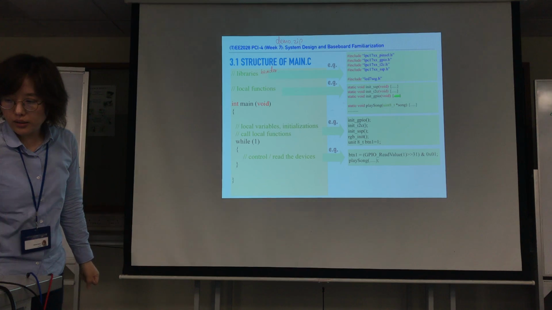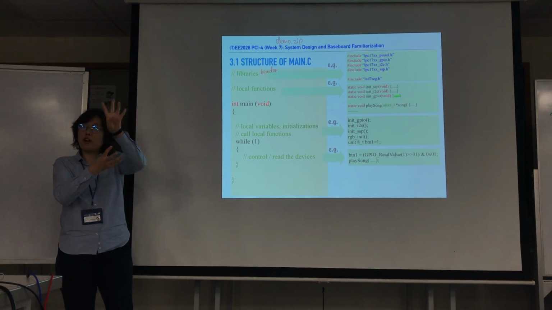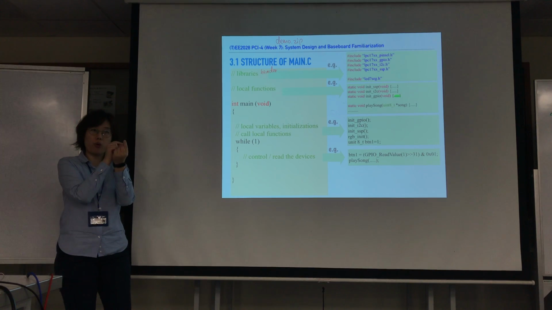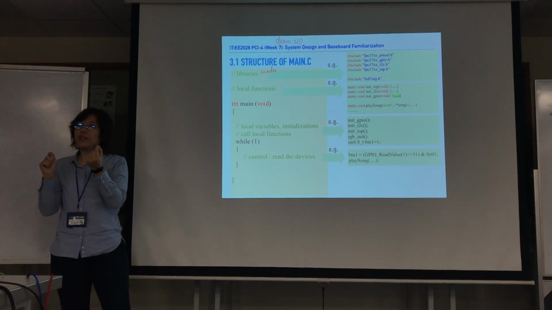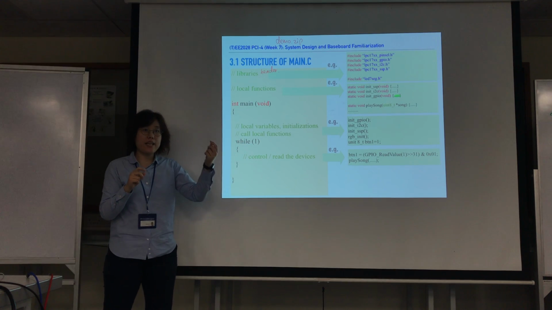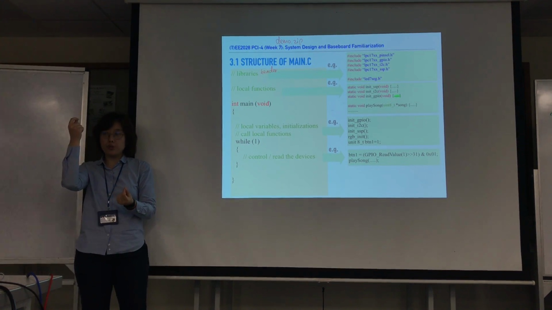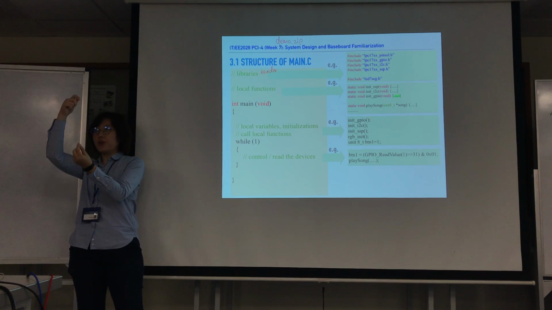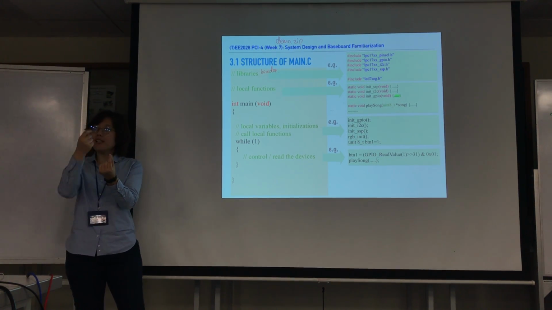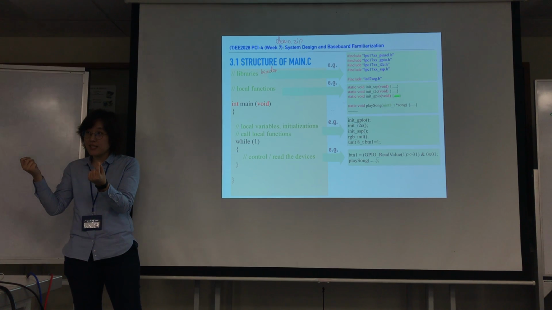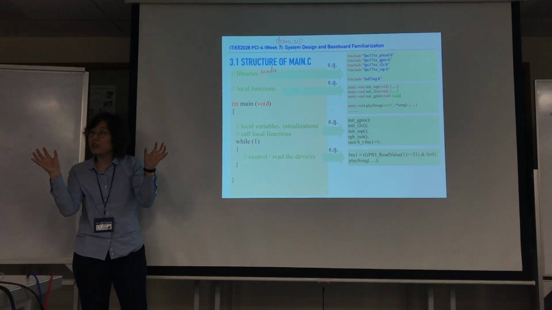So later on, as I said, in the next 4 labs, we are going to learn how to program each device, right? So what you could do is, let's say for this lab, you learn how to use SW4. Later on, you know how to use SW3. Later on, you have another exercise, learn how to use RGB, right? So all these are small exercises that you can write in different files.